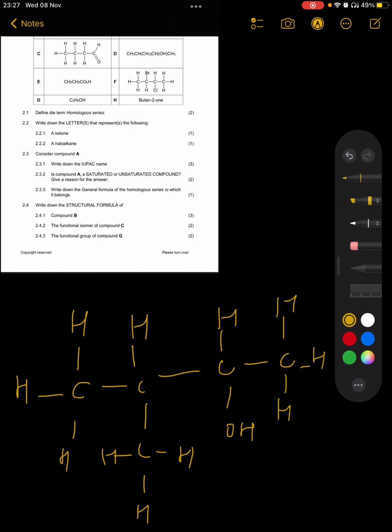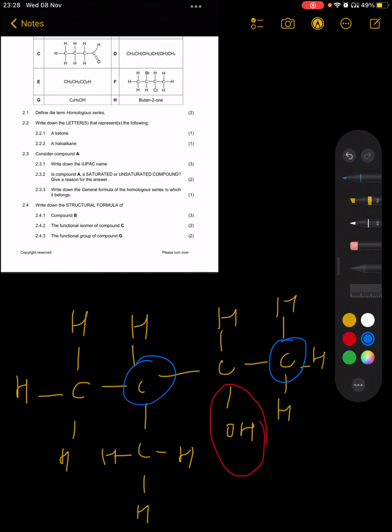Okay, now where is this OH situated? Now the carbon containing the OH is attached to two other carbons, and I always use this example.